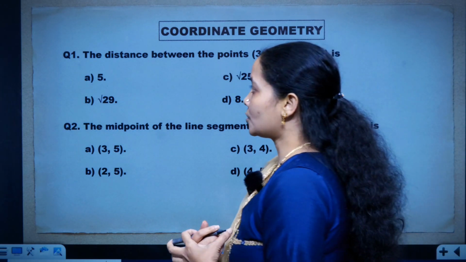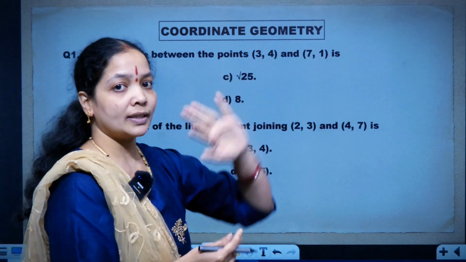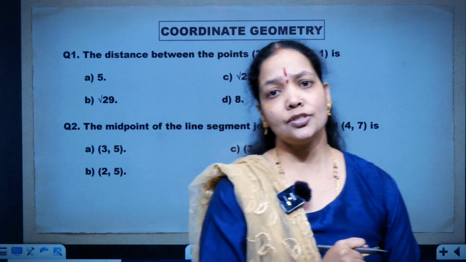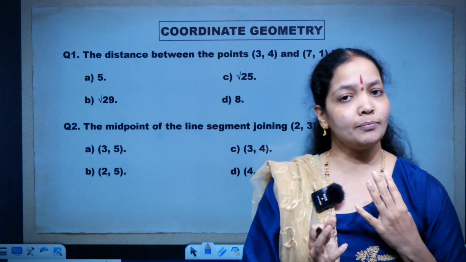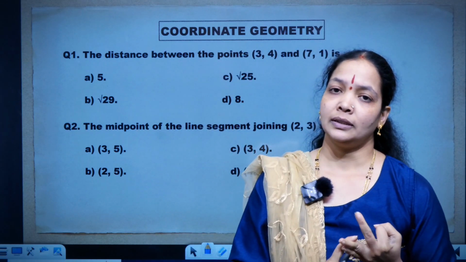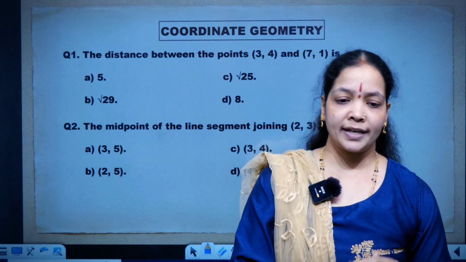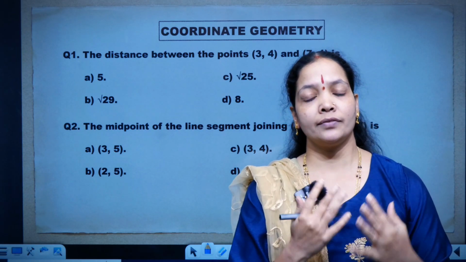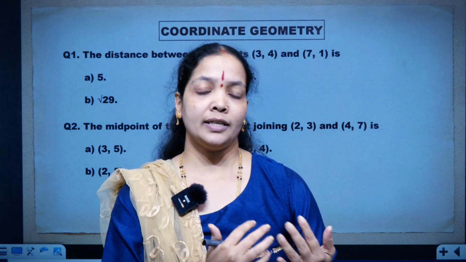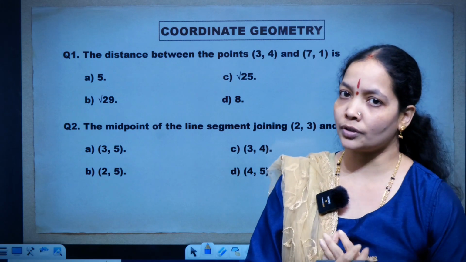Let us see the first question. The distance between the points 3, 4 and 7, 1 is. Before starting the question, coordinate geometry is a chapter in which three important things are covered. One is distance formula, second is section formula, third is midpoint formula or finding the radius of the circle, finding whether the given figure is a parallelogram, a rhombus or a square, and finding collinearity between three given points are the important topics that you have to focus on.